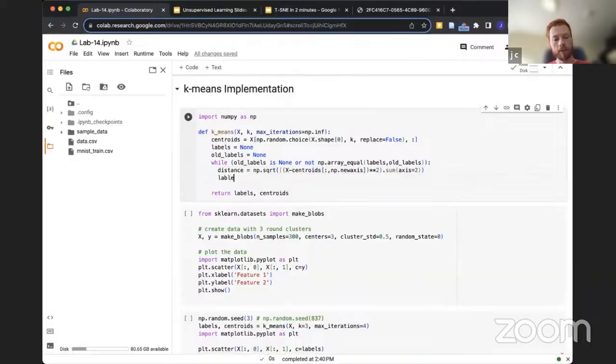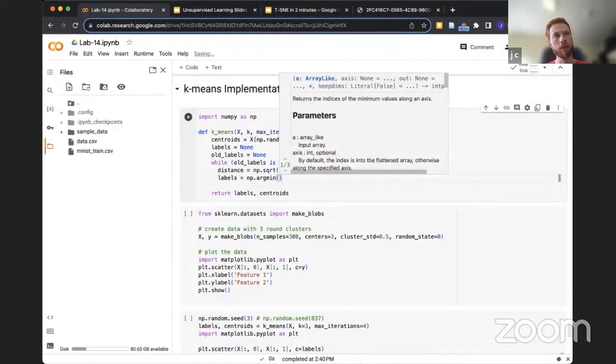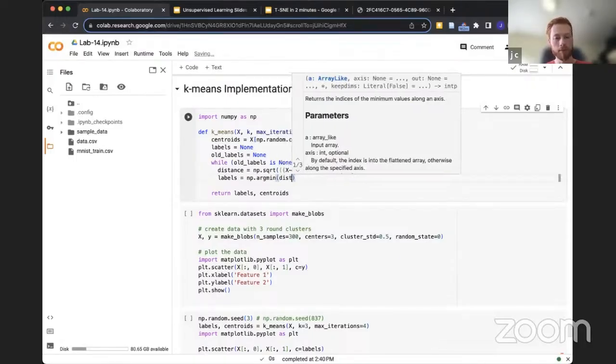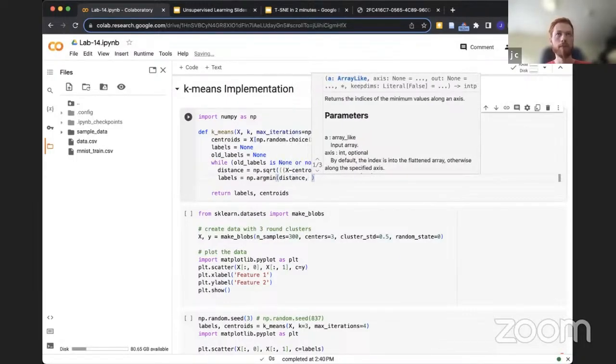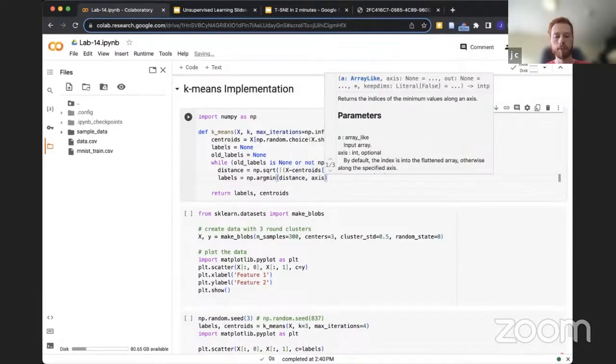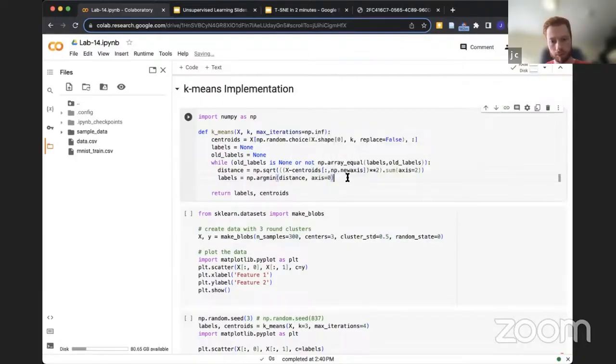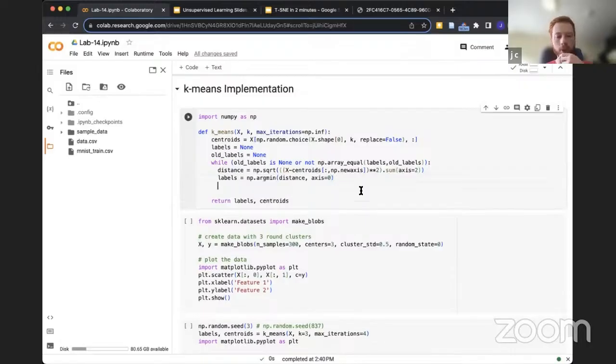And our labels are then simply the one with the minimum distance. Now we have our newly assigned labels.